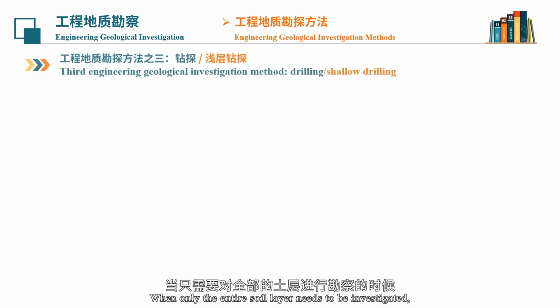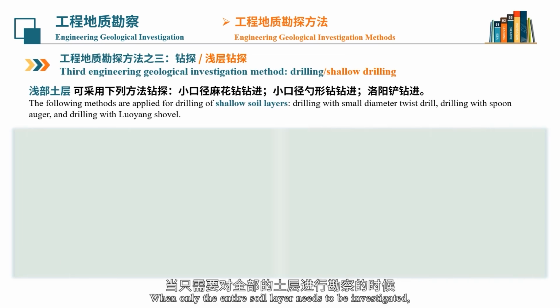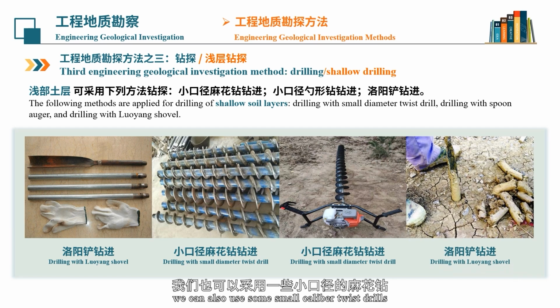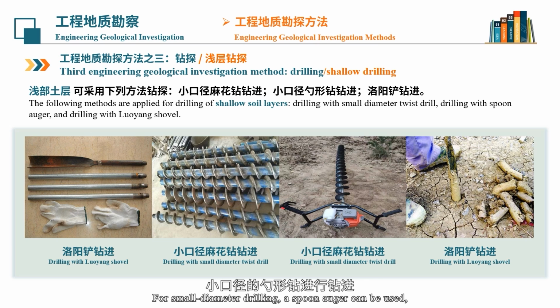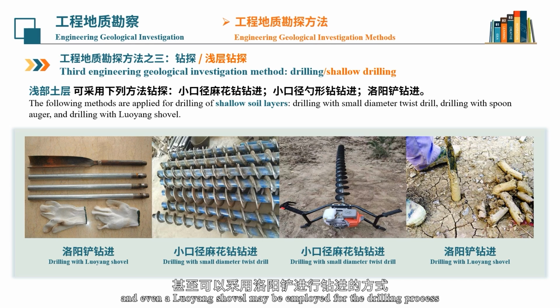When only the entire soil layer needs to be investigated, we can also use some small caliber twist drills to perform drilling. For small diameter drilling, a spoon auger can be used, and even a Luoyang shovel may be employed for the drilling process.